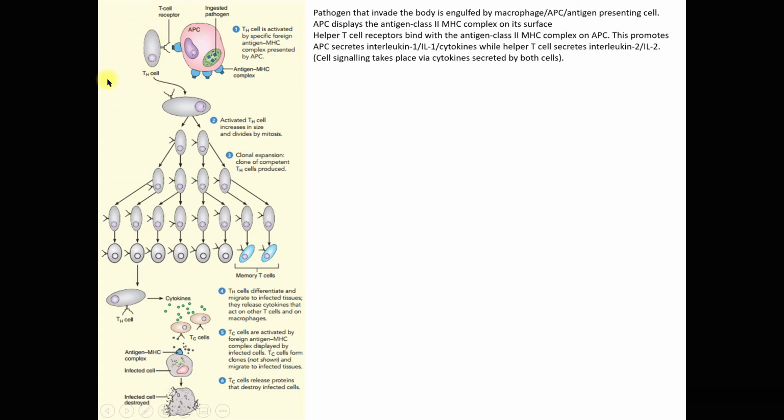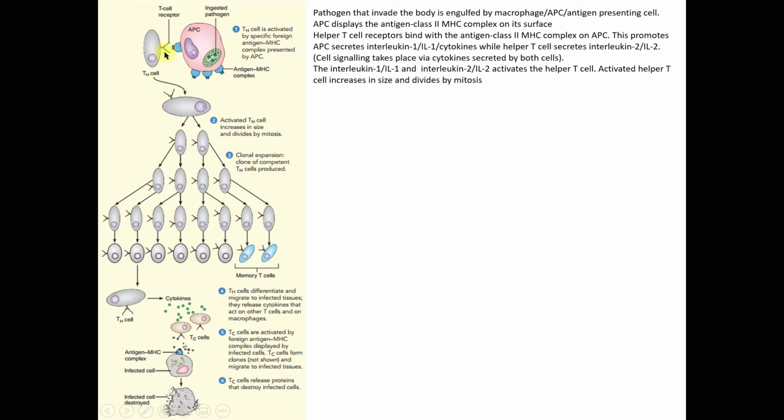Okay, interleukin 2 tu dikeluarkan, disekret oleh helper T cell untuk diri dia sendiri. So APC secretes interleukin 1 to the helper T cell, the helper T cell secretes interleukin 2 to itself. So here cell signaling takes place via the cytokines secreted by both cells.